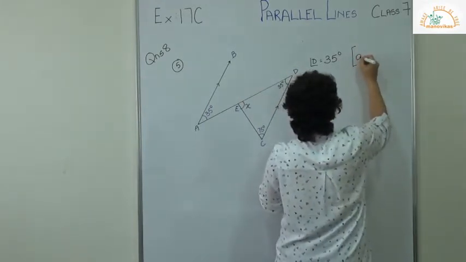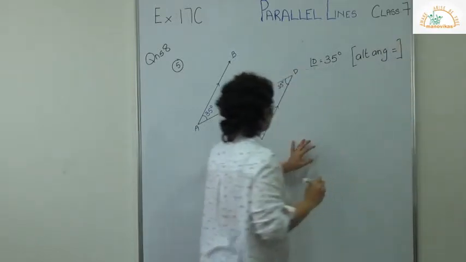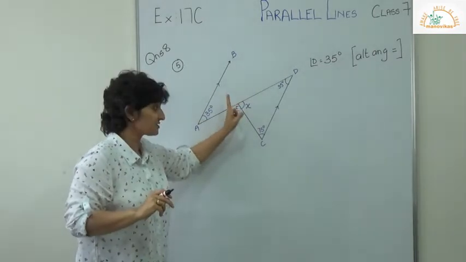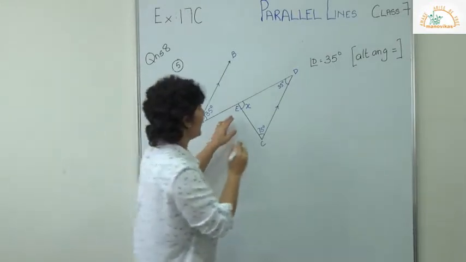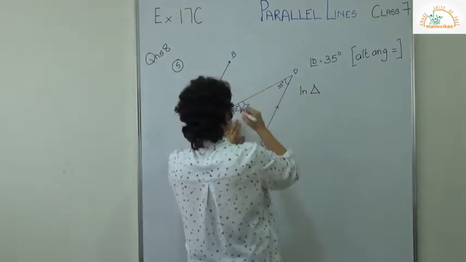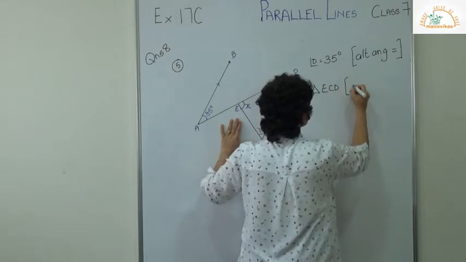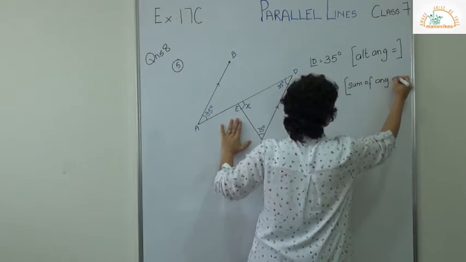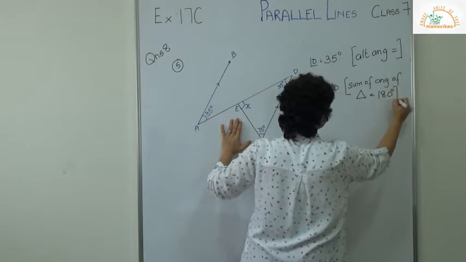Alternate angles, right? Alternate angles are equal. Correct? Now that I know this, and plus x, what shape does it give you? This is the shape of a triangle, and you know that in triangle ECD, the sum of the angles of a triangle is equal to 180 degrees.